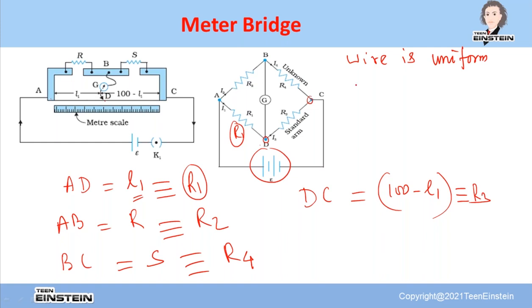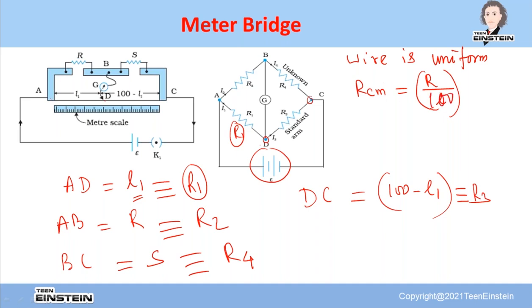If I suppose that RCM is the resistance per unit length of the wire, that means R by L, where L is the total length, or I can even write R by 100. That means each centimeter has this much resistance.